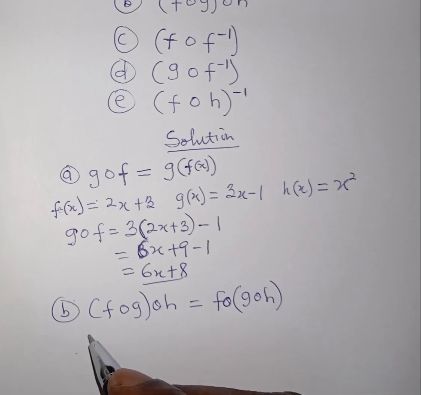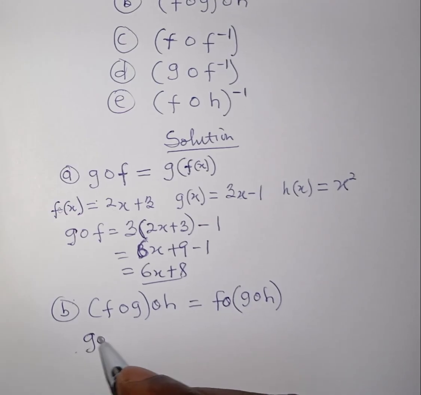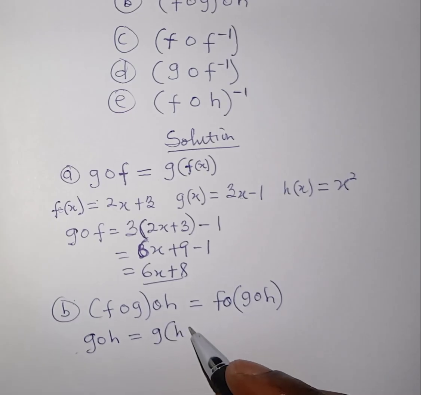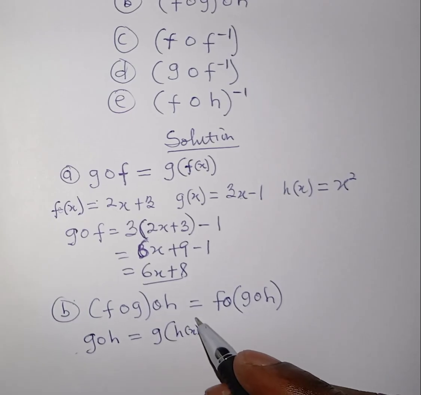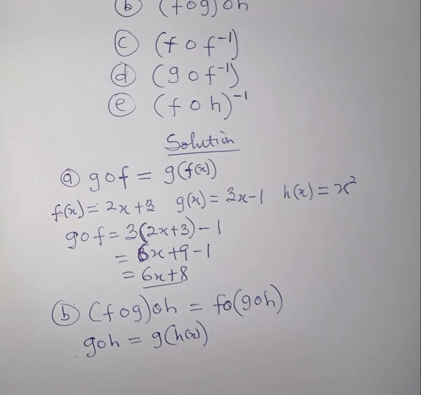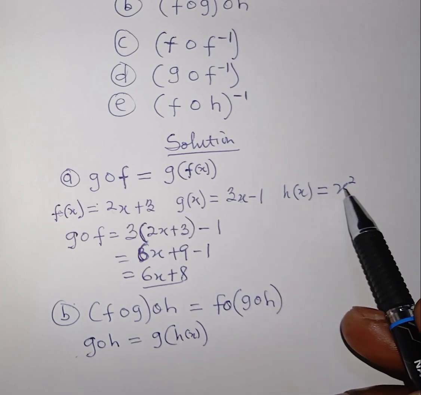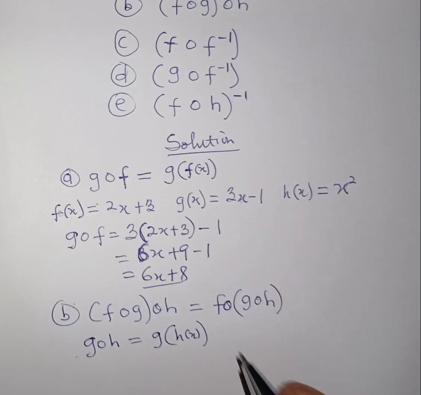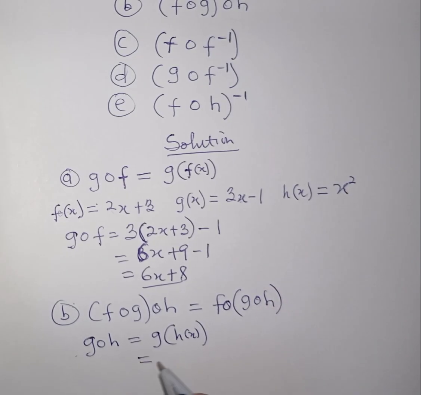So first of all, you need to work out g o h. That also means we are going to put h at x in what? g. So what is my h at x? It means you're going to put x squared into what? g.